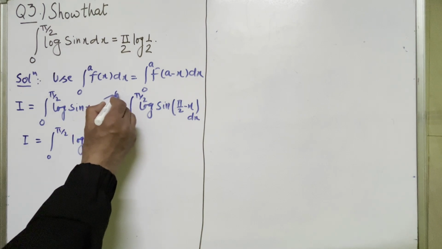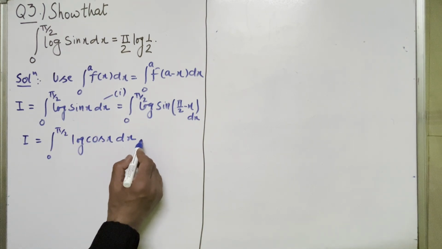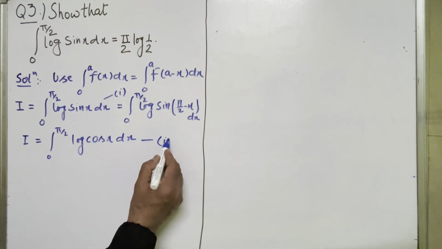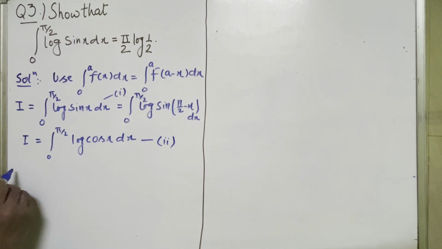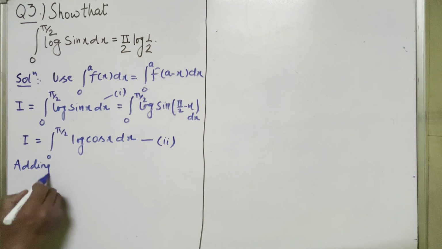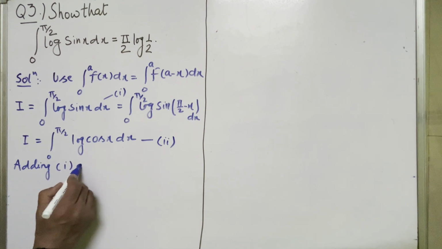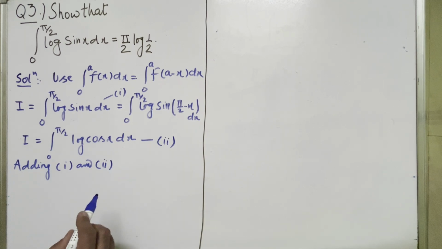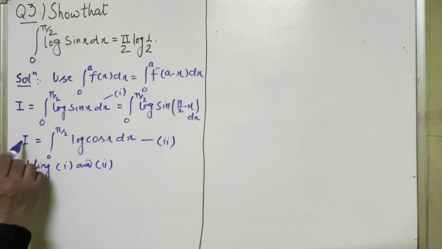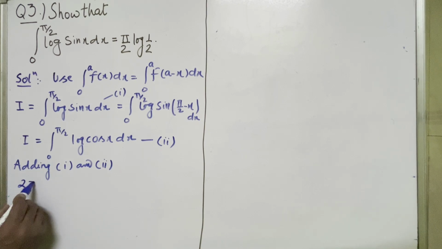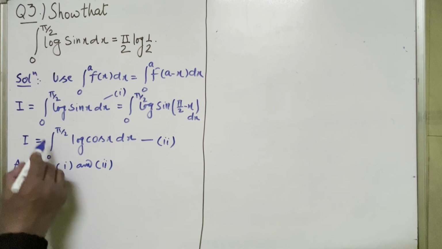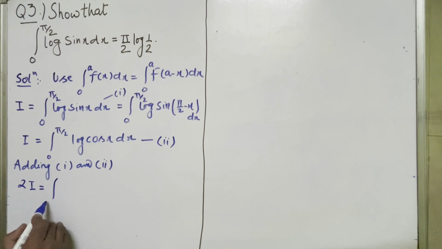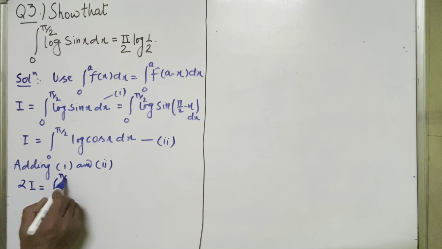Now I'm saying that this equation is number 1 and this is number 2, and then we will add 1 and 2. When we add these two equations, I and I will become 2I on the left hand side. Both the integrals have the same limits, so we'll put them in one integration only.